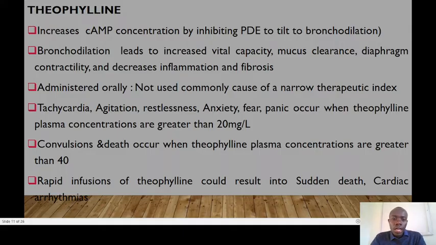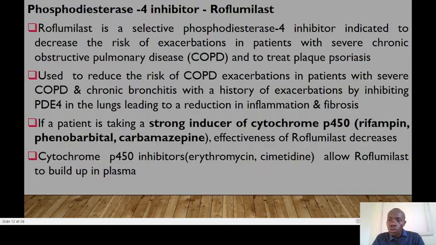It's also good to note that a rapid infusion of theophylline could result in sudden death and cardiac arrhythmias. So this means the RN has to keep watch on the theophylline levels for us to keep the patient safe in this case.